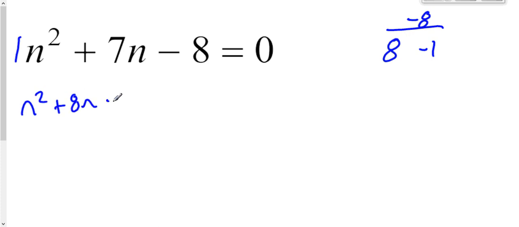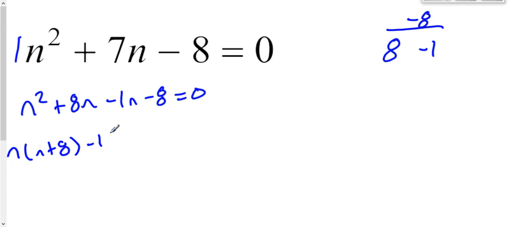So we check again, is it equal to 0? Yep. We're going to factor this. 1 times negative 8 gives us negative 8. We need two numbers that multiply to negative 8 that combine to 7. It is just 8 and negative 1. n squared plus 8n minus 1n minus 8 equals 0. I can take an n from the first one.